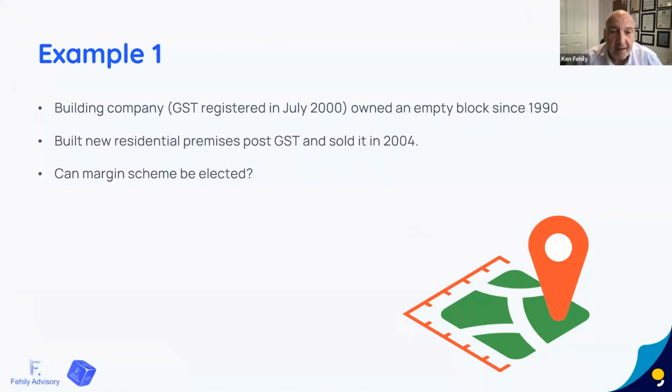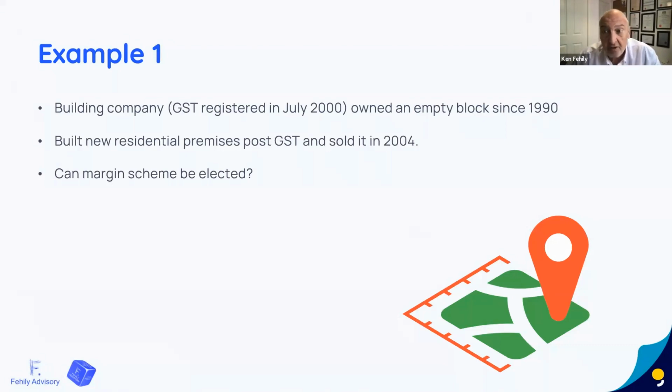Let's say there was a building company that got registered for GST in 2000, but the builder owned the empty block since 1990, built new residential premises after GST came in and sold in 2004. Can that builder elect to use the margin scheme together with the purchaser? And the answer is binary. It's a simple yes or no. The builder bought it in 1990.